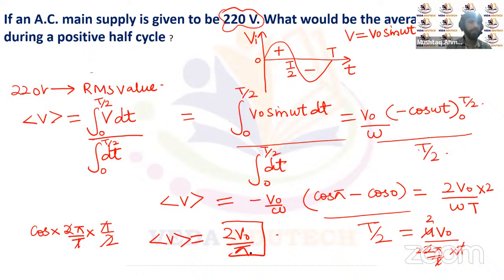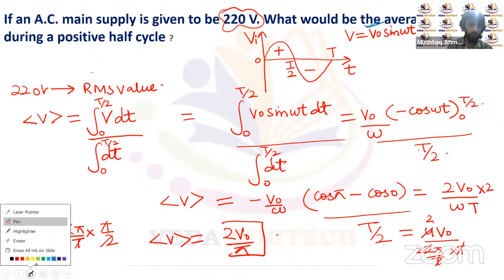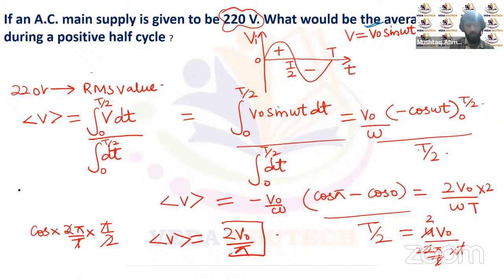Now, V naught is the peak value of the given EMF. We know that the RMS value is the peak value upon root 2, or we can replace the peak value V naught with root 2 times V RMS. And V RMS is given here, equal to 220 volts.